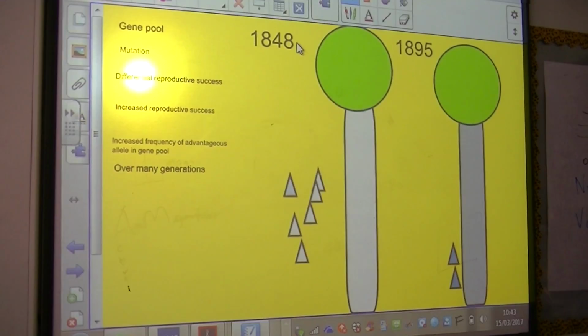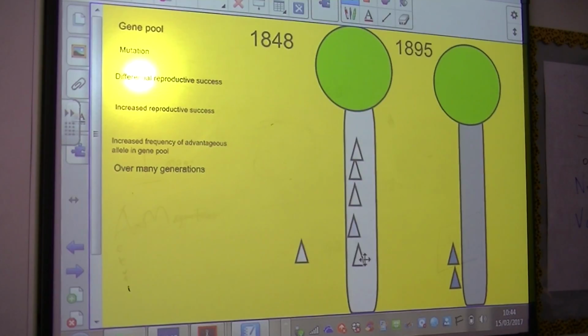In 1848, the air in Manchester was reasonably clean, and that meant that the trees were quite nice places for the speckled moths to reside and not get eaten. In other words, the birds that were eating the moths couldn't see them due to the camouflage, which I'm trying to represent there. Do you agree? Do you see that?